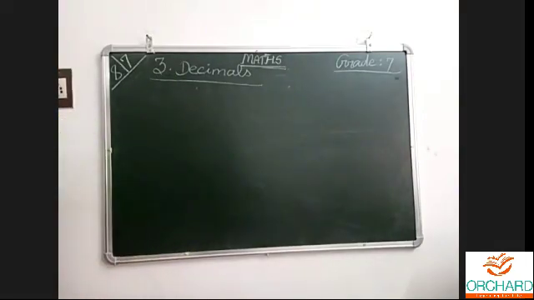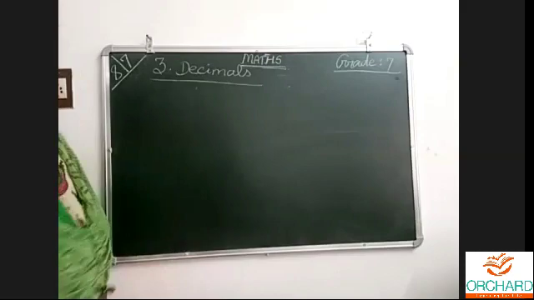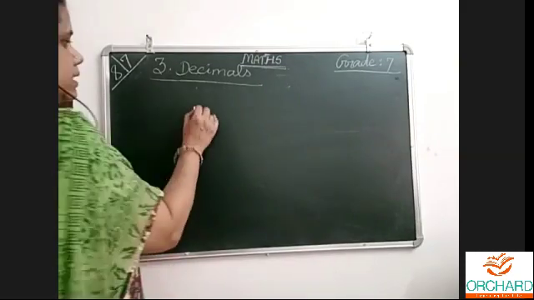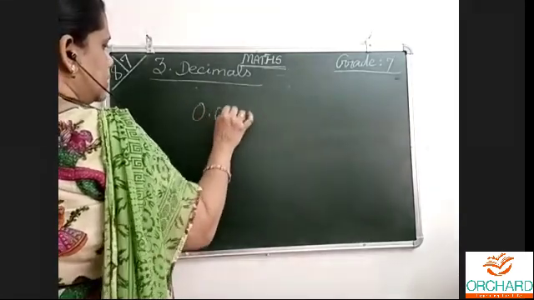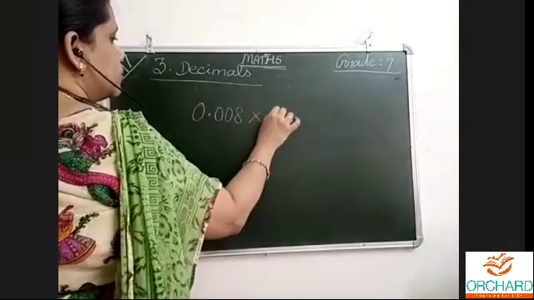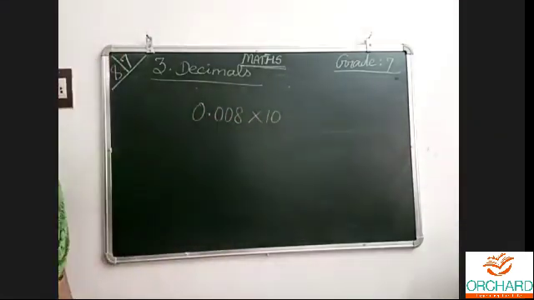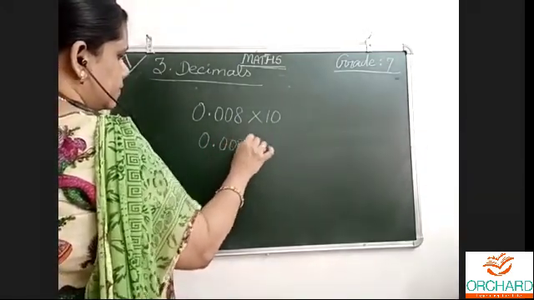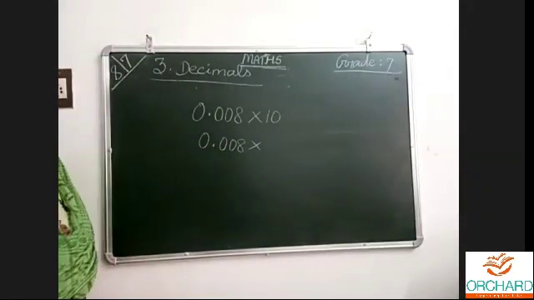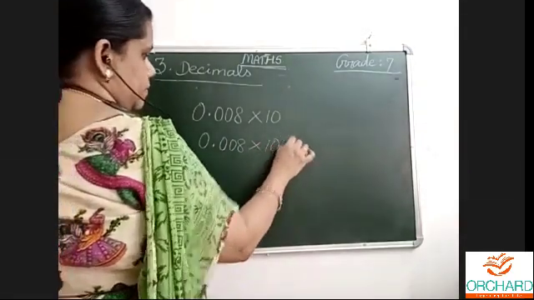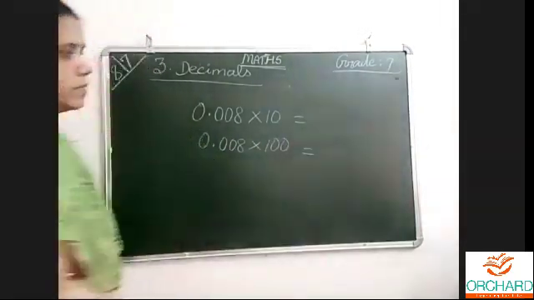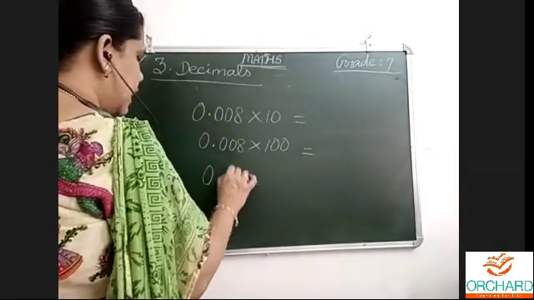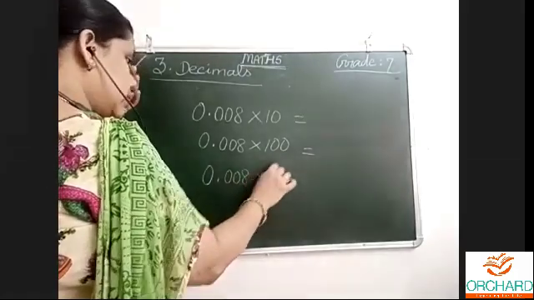Okay, now let me say from this, then you will understand. 0.008. Book example only I have taken, so that when you refer it will be easy. Times 1000, same number, 0.008.